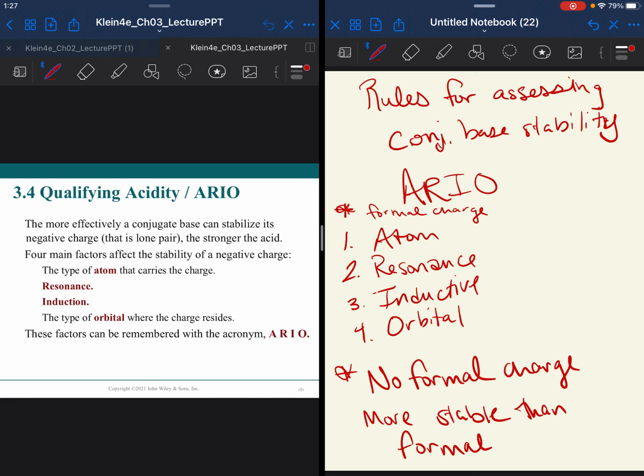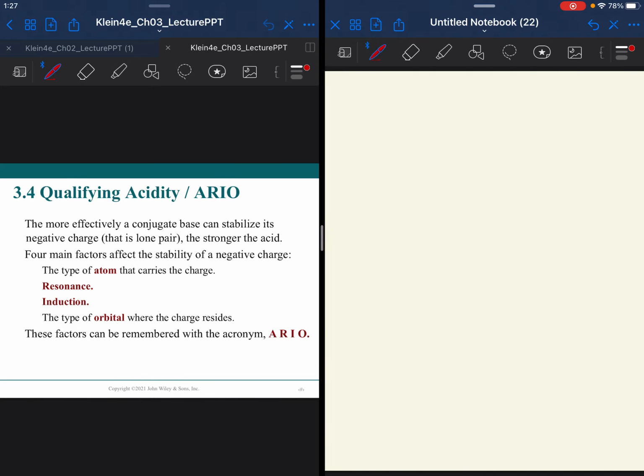So if you were comparing two conjugate bases and one has a charge and one does not, the neutral one would always be more stable. So I just like to get this out of the way up front. So for instance, if we were comparing the acid strength of H3O plus versus water. Well, okay, so which is a stronger acid?